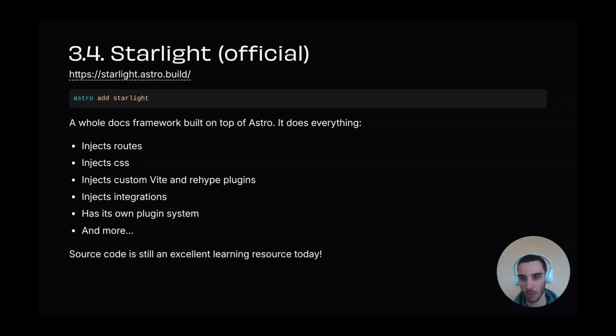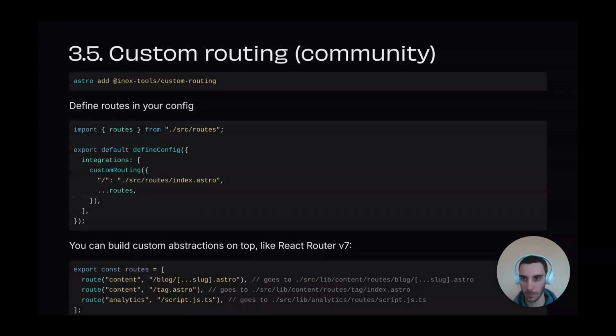Basically, it's a whole docs framework built on top of Astro. It's really interesting because it injects routes, it injects CSS, custom Vite and React plugins, and integrations, because yes, an integration can inject other integrations. It's super interesting if you are looking to build an integration. Definitely check Starlight's source code.